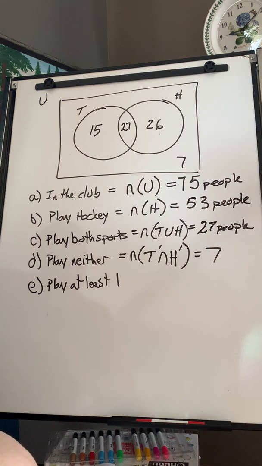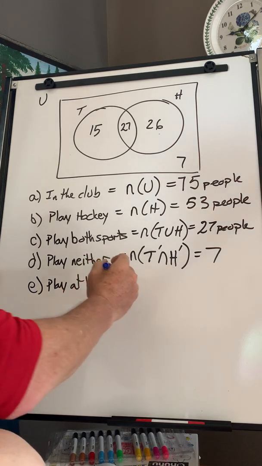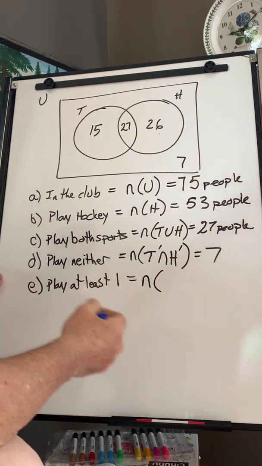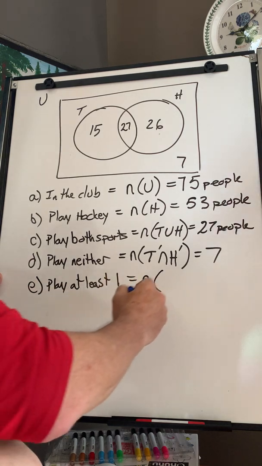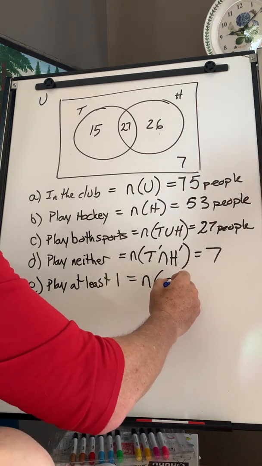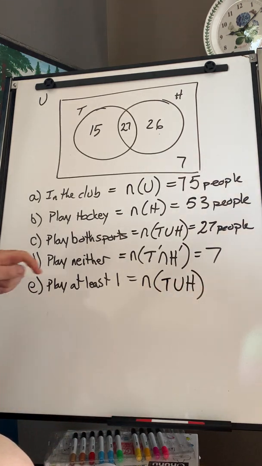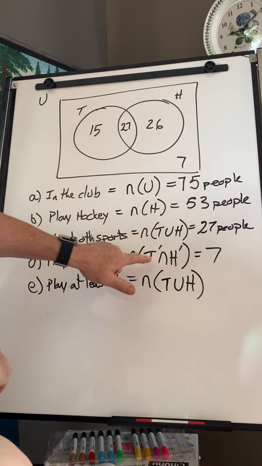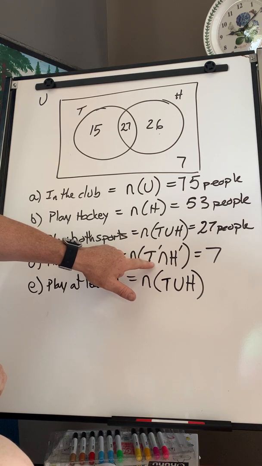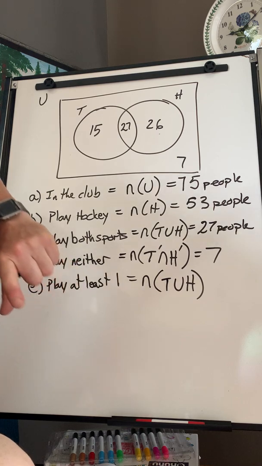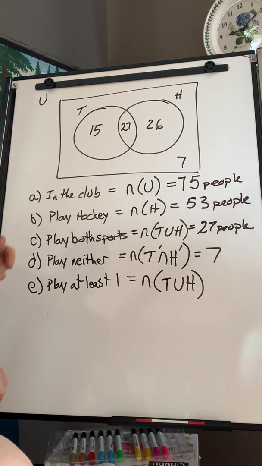And then lastly, we have play at least one sport. Well, that means one of those two sports, tennis or hockey. I want the union, tennis or hockey. That's the interesting part with this. Intersect is and, union is or, because it allows for either or.